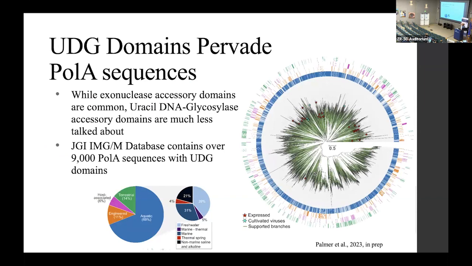If we look back at this tree, it is an alignment of all the UDG polymerases to each other, the full gene, not truncated at all. There are some patterns within them, but nothing in terms of environment, host, or any sort of evolutionary structure of life.